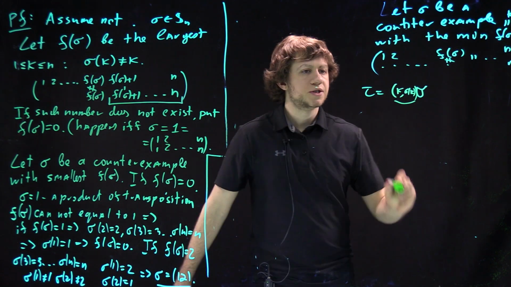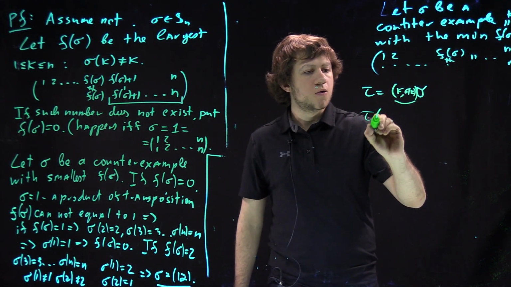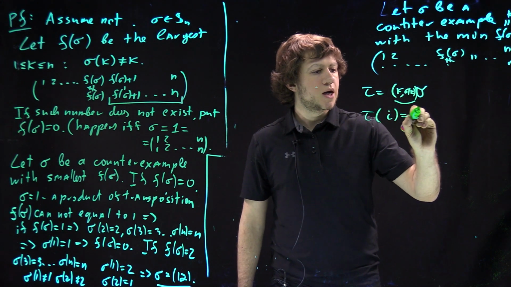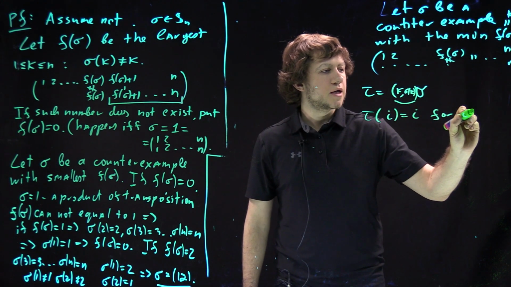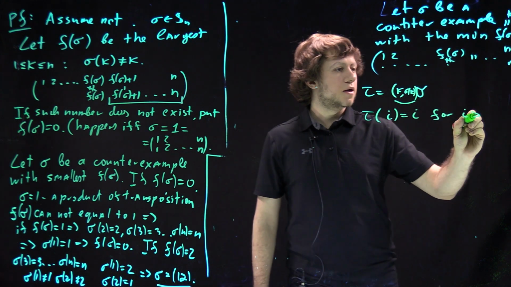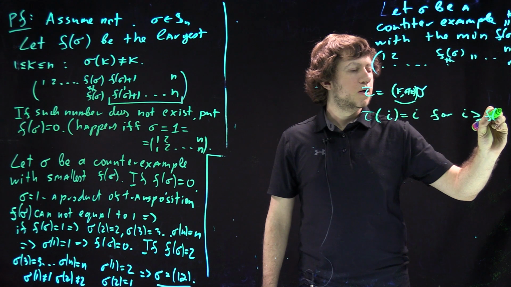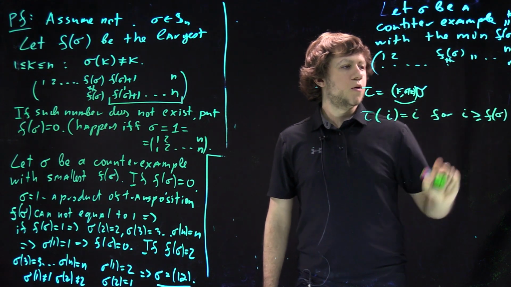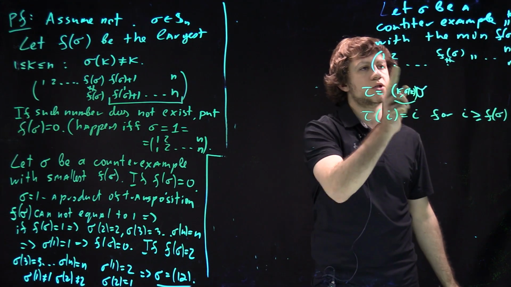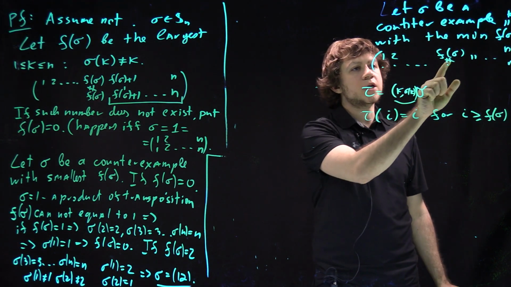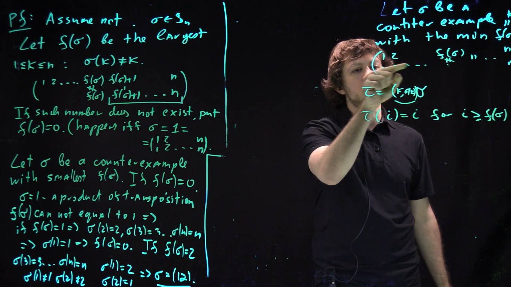And then of course we know that tau of i equals i for i bigger than or equal to f of sigma. Why? Because this permutation doesn't do anything, because after f of sigma everything stays fixed, and we know that f of sigma has to go to something lower.